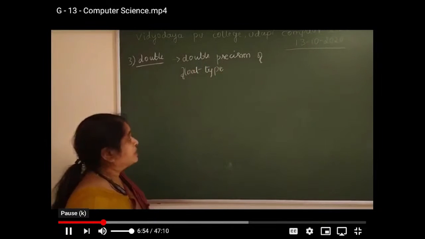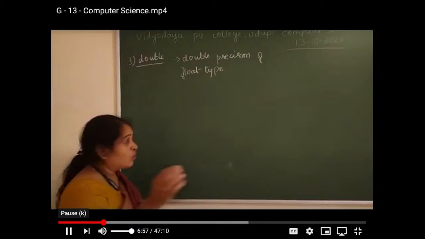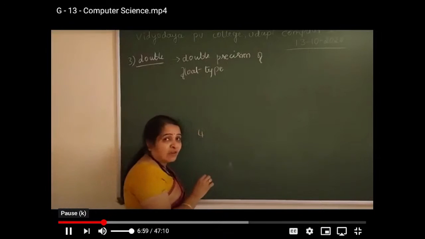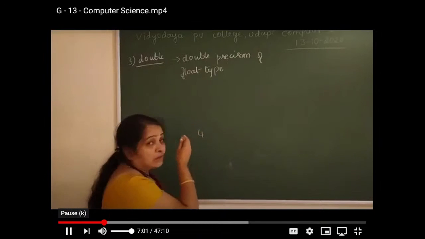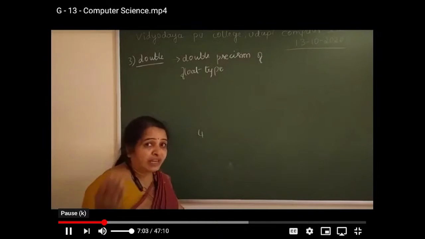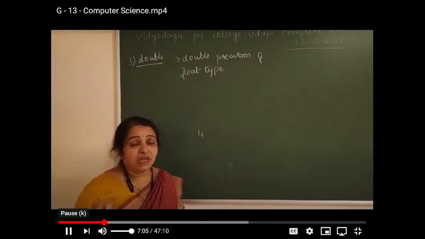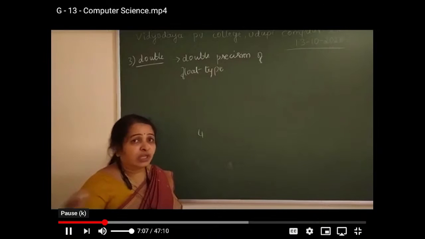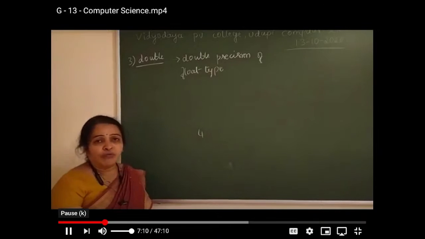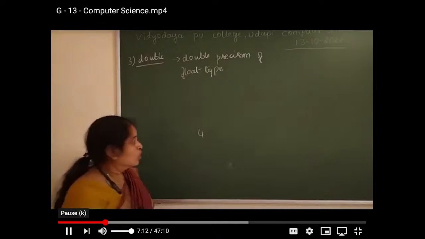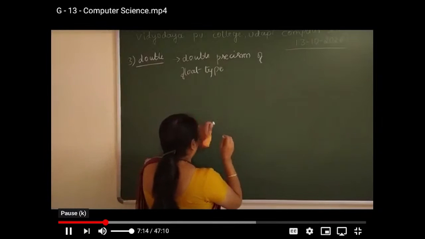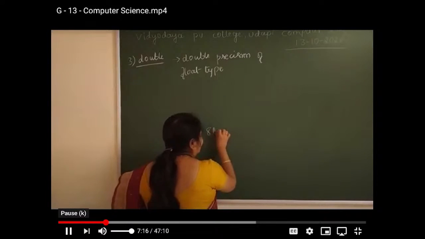What do you mean by double precision of float type? Float consumes how much? 4 bytes of memory. Here the double, which is the double precision of float, means it consumes double the computer memory of the float type. Clear? So instead of 4 bytes, it consumes 8 bytes.